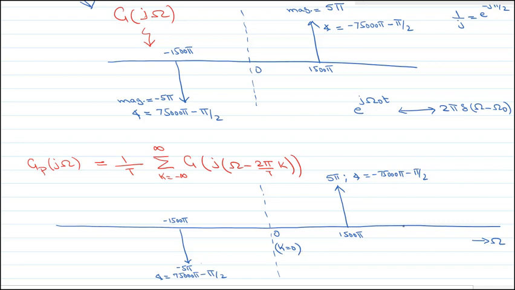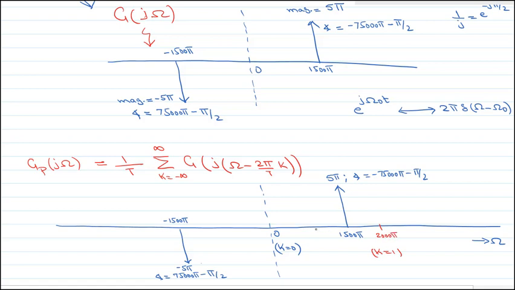Now, for k equal to 1, I am sitting over here. This version will now be centered at 2000 pi.